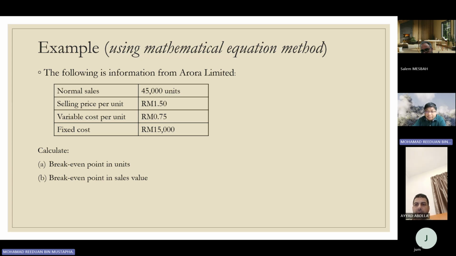But if you can sell more than 20,000, then that is your profit. Even if you are not able to sell at full capacity, maybe your capacity to produce is 45,000 units, so you produce 45,000 but only manage to sell 30,000, you are still in profit because you are above 20,000 units. So that is the break-even point in terms of units. Are you okay? Still following?